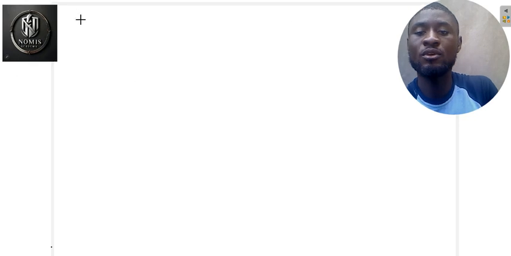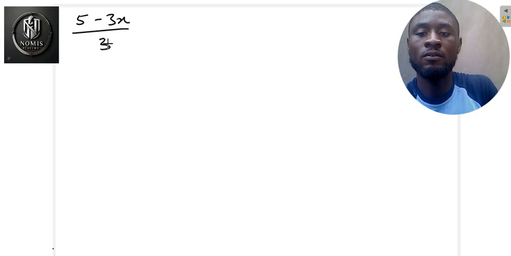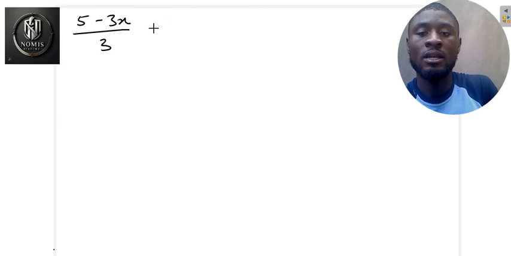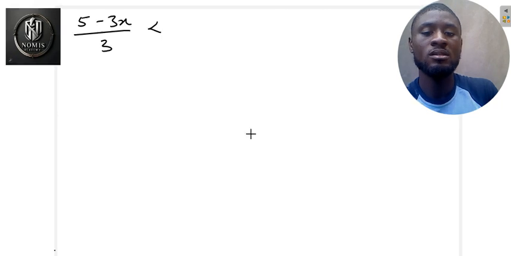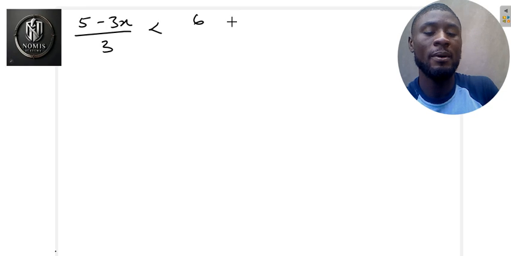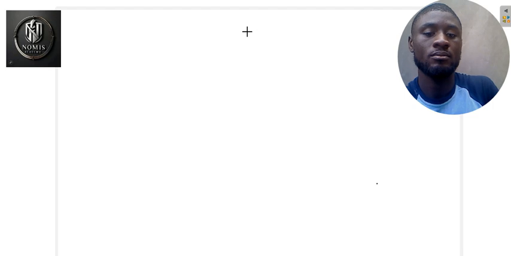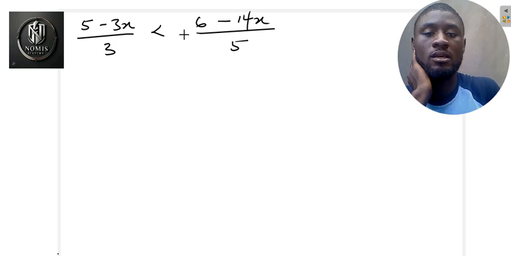So at the top we have 1 times 5, we have 5 minus 3x all over 3, less than, so here we have 2 multiplied by 3, so that gives us 6. 2 multiplied by 7x, that gives us minus 14x all over 5 multiplied by 1 gives us 5. Now we have this equation left.